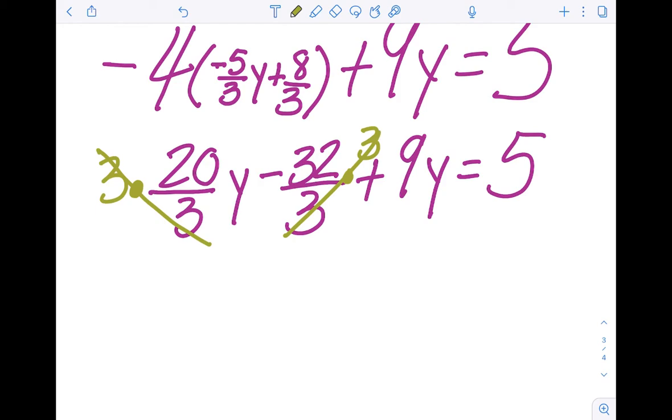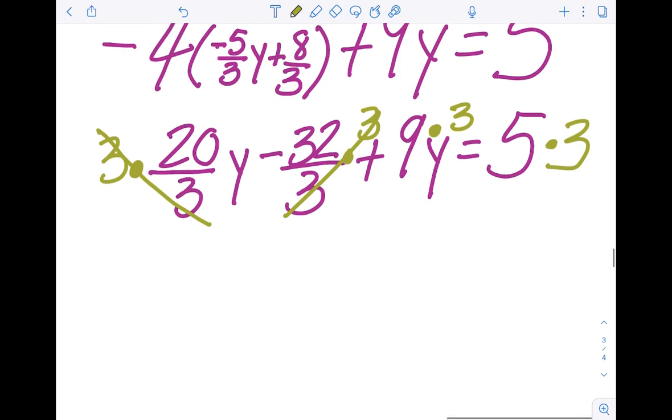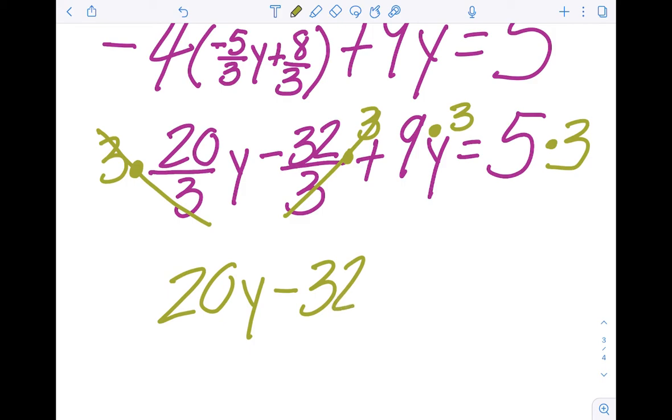But the rule is I have to multiply everything by 3. So I'm going to multiply this 9 by 3 and this 5 by 3. And since there's nothing to cancel them with, I have to multiply them. So here I'm left with 20y minus 32 plus 9 times 3 is 27y is equal to 15.